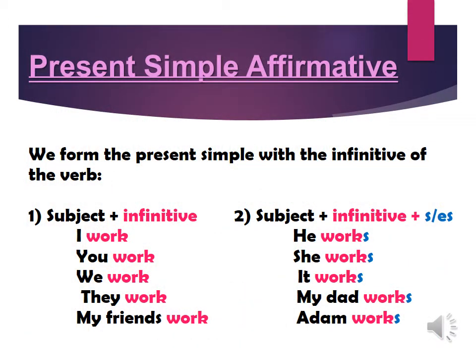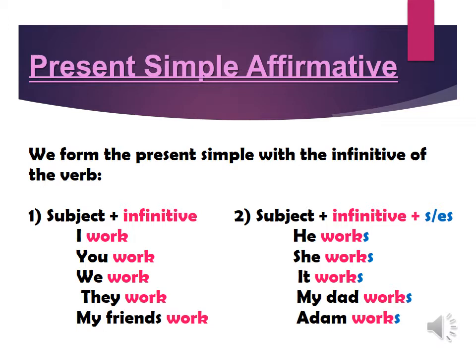Now, how can we form the present simple affirmative? For the subject pronouns I, you, we, they, and plural nouns like my friends, we have to use the infinitive verb, which means the verb in the base form.